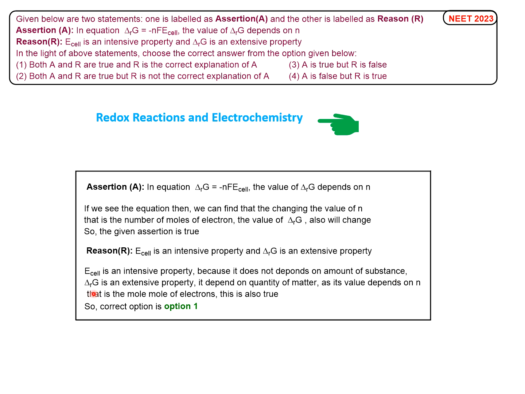And ΔG is an extensive property because it depends on the quantity of matter, because we have seen that its value depends on n, that is the number of moles of electrons. That's why ΔG is an extensive property. So this is also true.